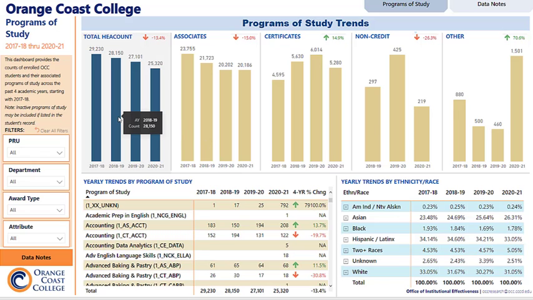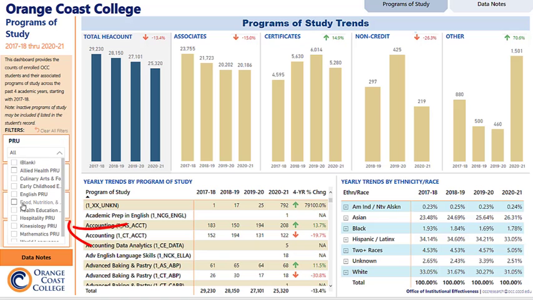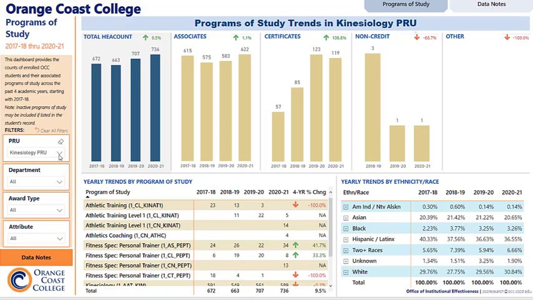For example, if I select the Program Review Unit, Kinesiology, I'll see the data shift and see that there are no students in the other category, while there are some students in associates, certificate, and non-credit. It appears that when you select this Program Review Unit, you do see the bulk of the students coming from the associate degree side, while there are also some in certificates as well, and very few non-credit.